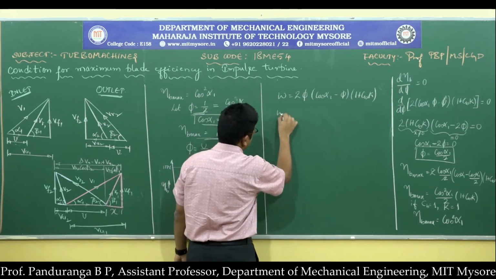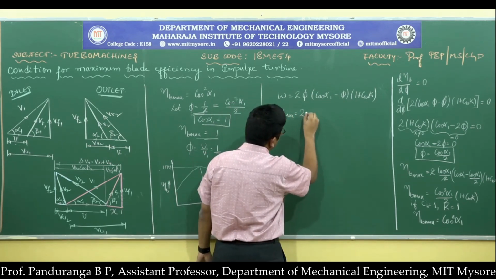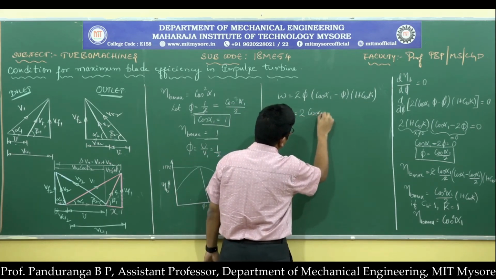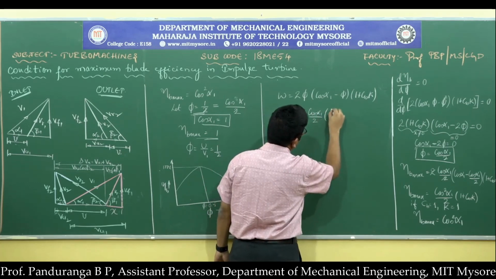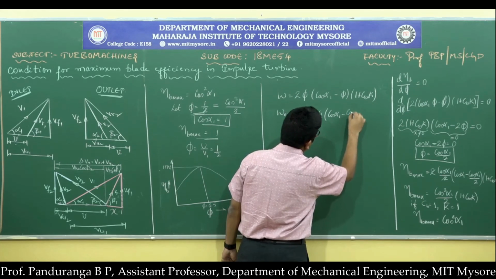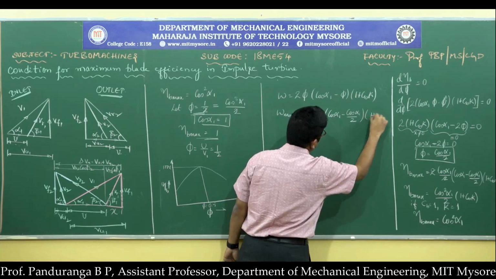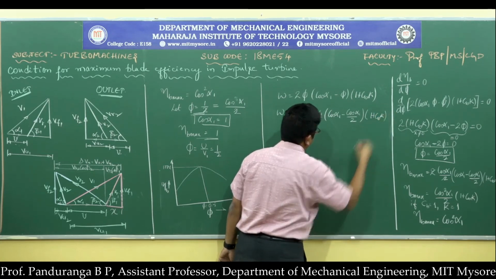So maximum work will be equal to 2 into cos alpha 1 divided by 2 into cos alpha 1 minus cos alpha 1 divided by 2 into 1 plus Cb into K.